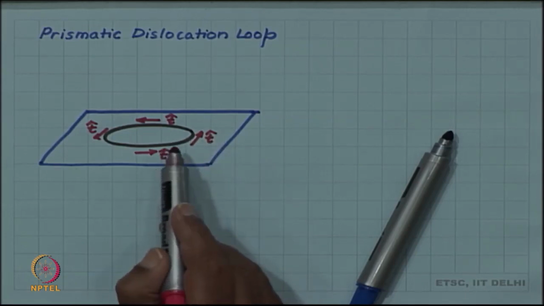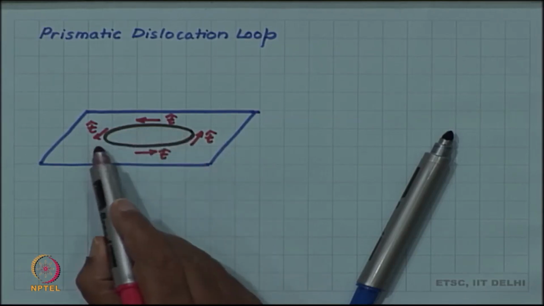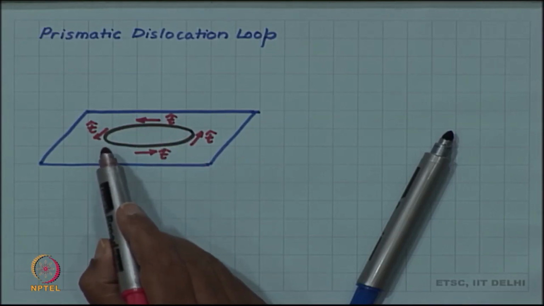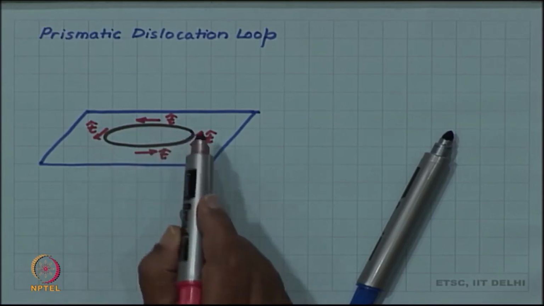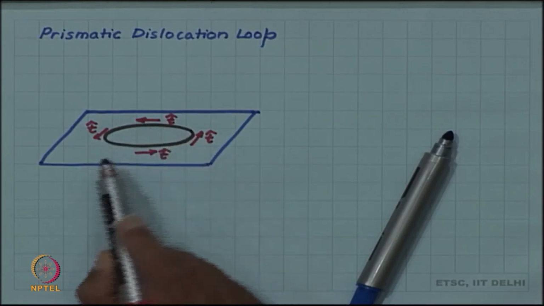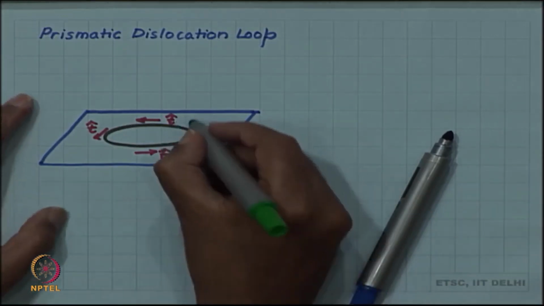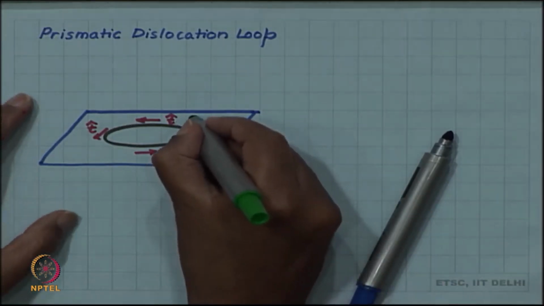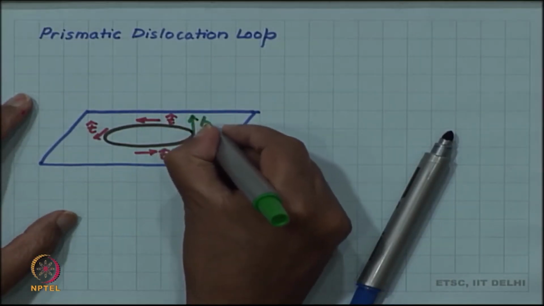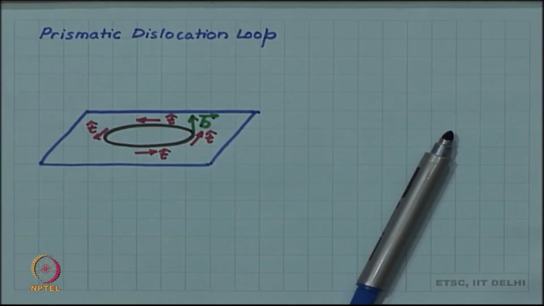So, I should have a B vector which is constant along the line. A B vector which is everywhere constant and is everywhere perpendicular to T should only be possible if the B vector is perpendicular to the plane of the dislocation line itself. So, the B vector for this dislocation line should be perpendicular to the plane of the dislocation.